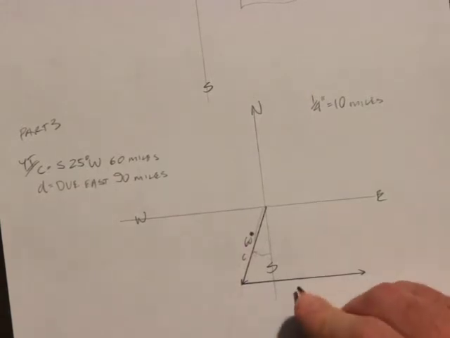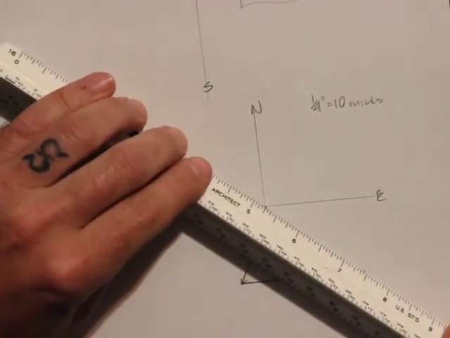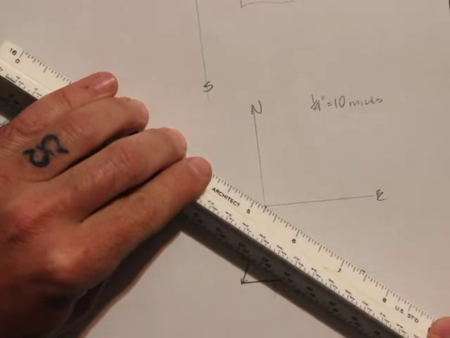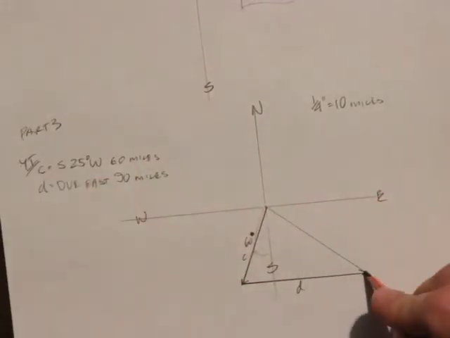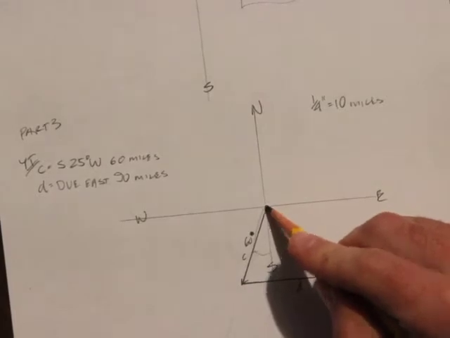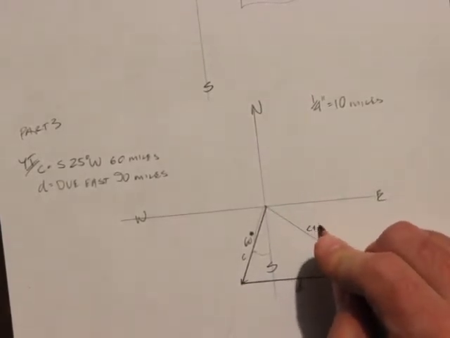And that was D. And we've gone due east. And so now I want to know how far I've gone, from my original spot here to the end. And so this is C plus D.